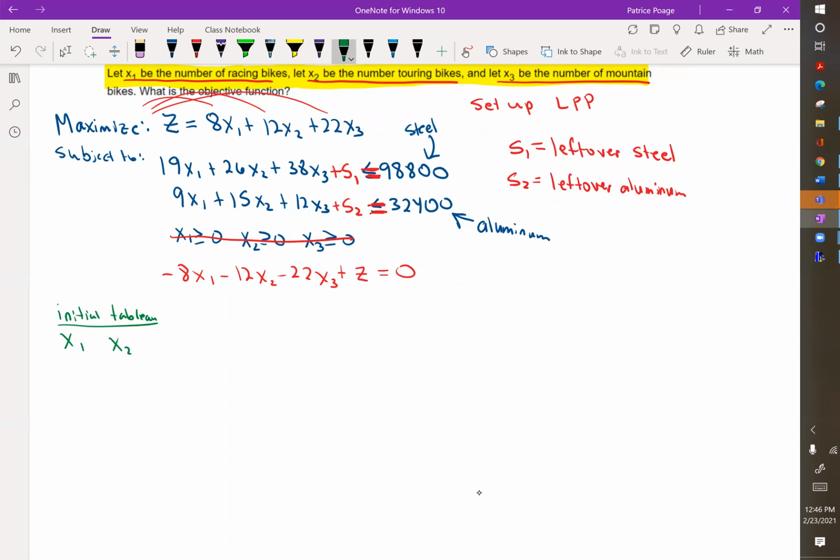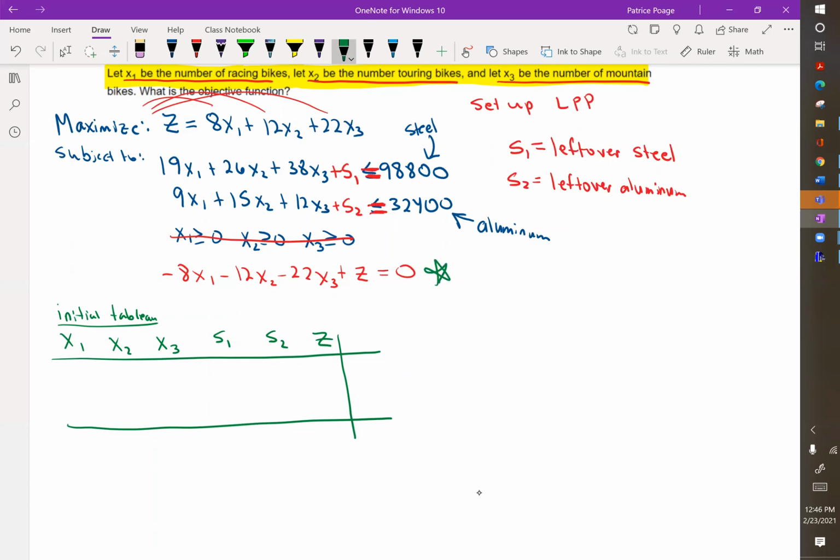I have x1, x2, x3, 2 slack variables because we had 2 inequalities, my z augmented with my constant. My objective function, the boss, always goes on the very bottom below the bottom horizontal line. So just the coefficients here. And then my other 2 equations, I'll put the coefficients in the middle. Oh, that's not cool.